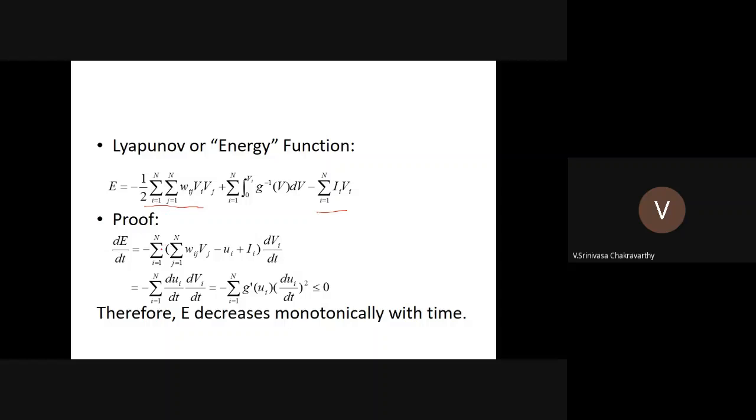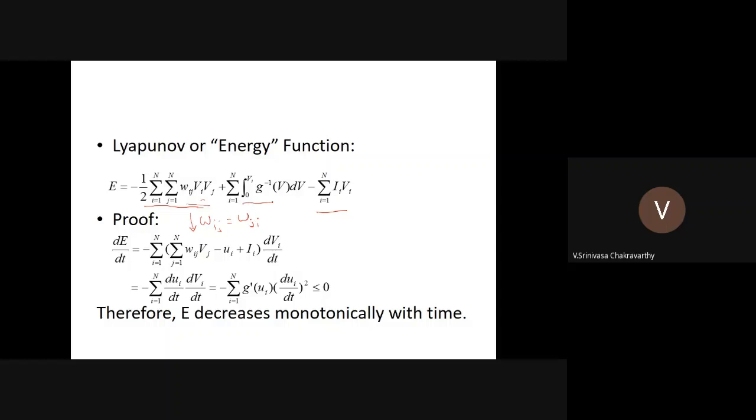So sigma over n, and inside the brackets you have sigma of j equal to 1 to n. The derivative of this quadratic expression is wij vj, and for this we assume that wij is equal to wji, which is what we also assumed in the discrete Hopfield network case.